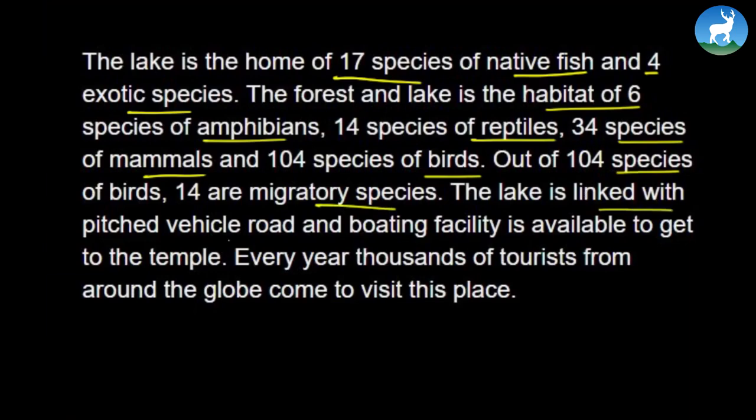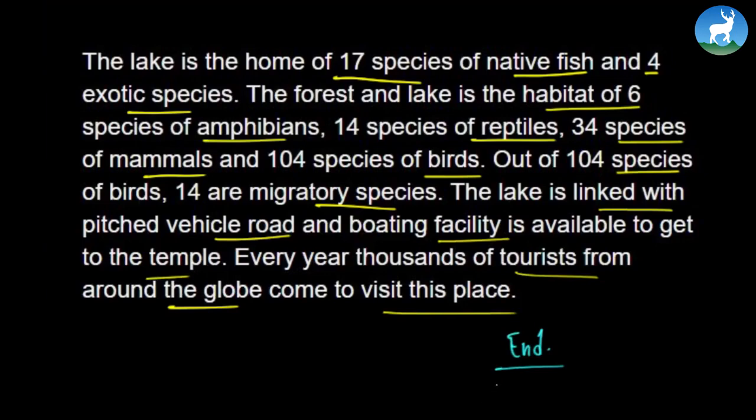The lake is linked with pitched vehicle road and boating facility is available to get to the temple. Every year, thousands of tourists from around the globe come to visit this place. So that is the end of the paragraph. Pretty descriptive as it is, this paragraph ends.